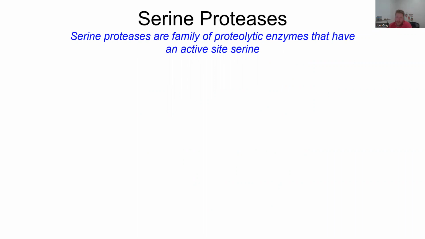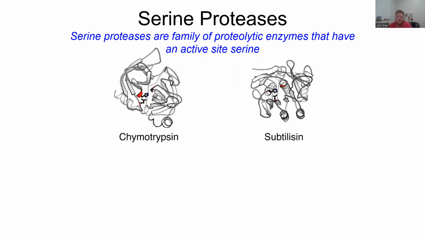These are serine proteases because within the active site, there is a serine, as opposed to, well, they look for a serine and then they cut after or before a serine. Now, a protease is a type of enzyme that breaks a peptide bond. So you could think about these as proteins that cut up proteins.